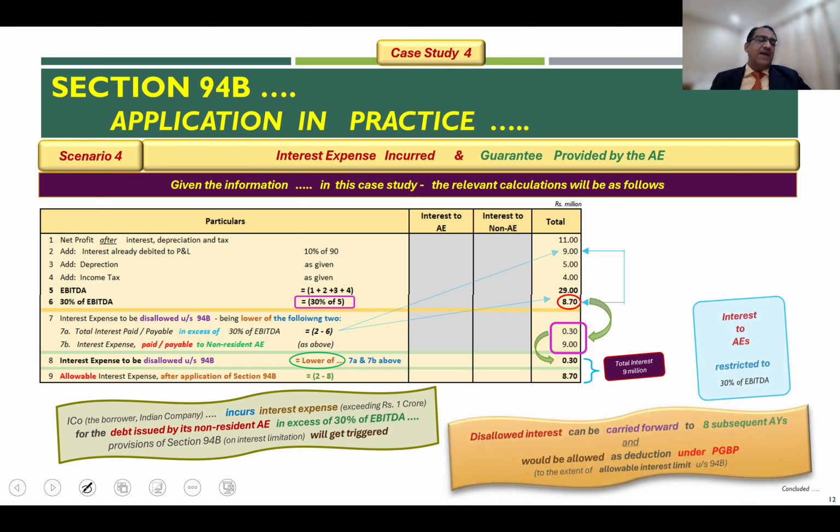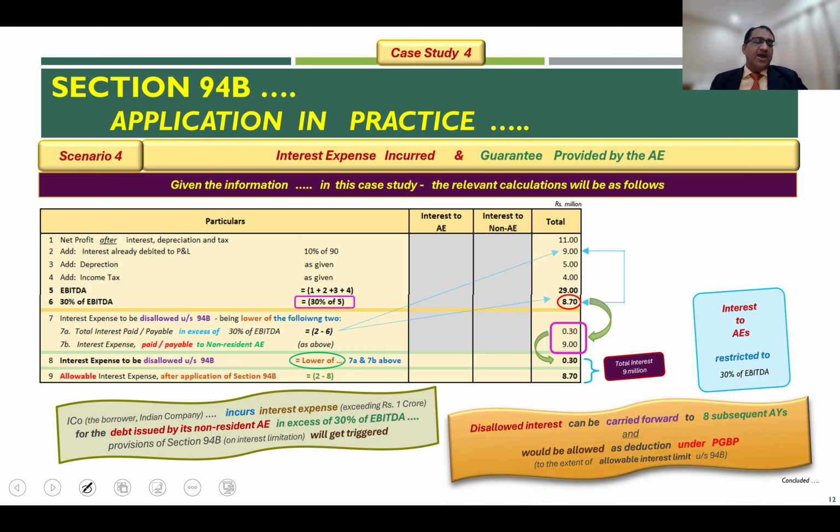Now in this case, what will happen? Here, though you are paying 9 crore, the disallowance of 0.3 crore will apply and what will be allowed is only 8.7 crore. And this 8.7 crore corresponds to 30% of EBITDA. So here also, because the entire amount of interest is being paid or deemed to be paid to the AE, it is restricted again to 30% of EBITDA.